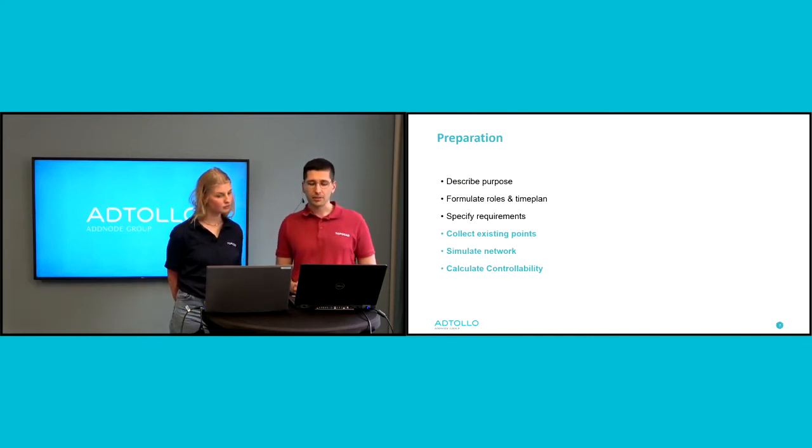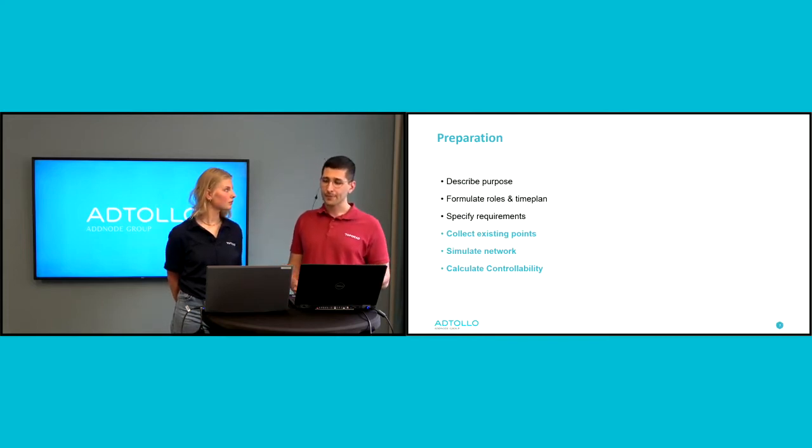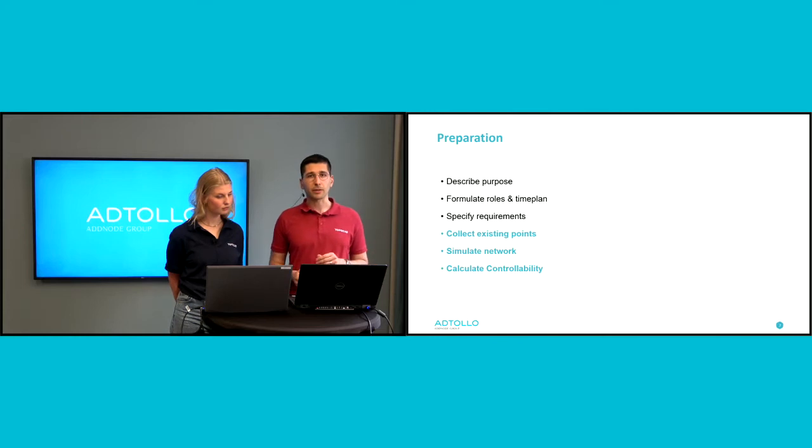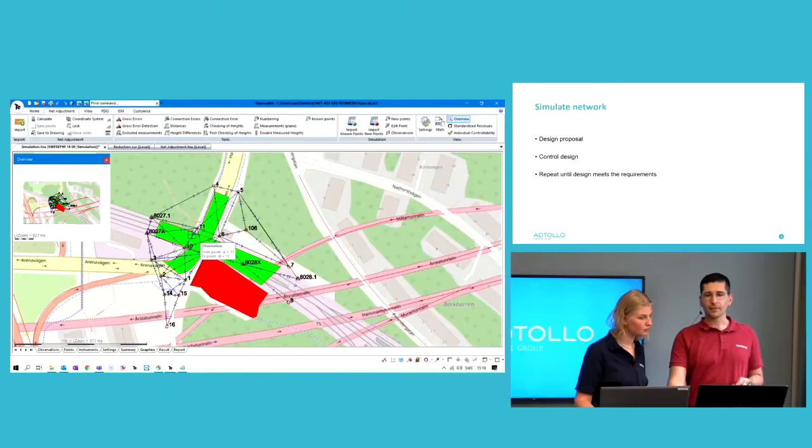So who is going to be doing what and when? And from that, you can specify the requirements. After this, you can simulate a network in Topocad, which I will show you right now.